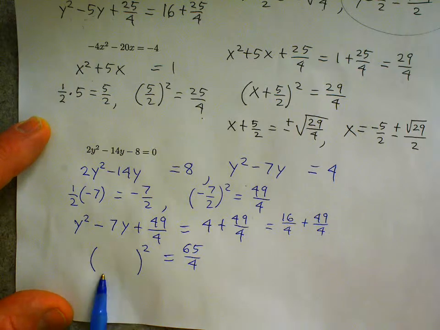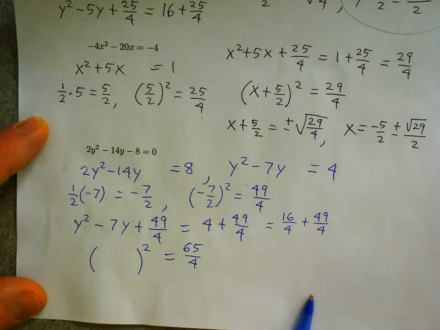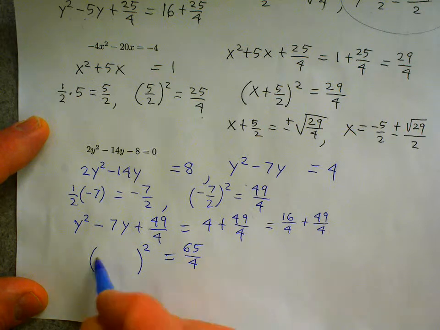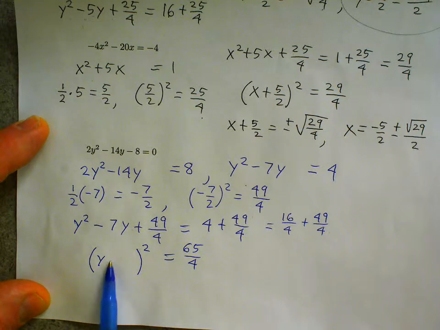So how do we know what binomial we need to square in order to get the perfect square trinomial? Well, in the perfect square trinomial, the first term is y to the second. So the binomial has to have y. And then how do we know what follows y inside the parentheses?